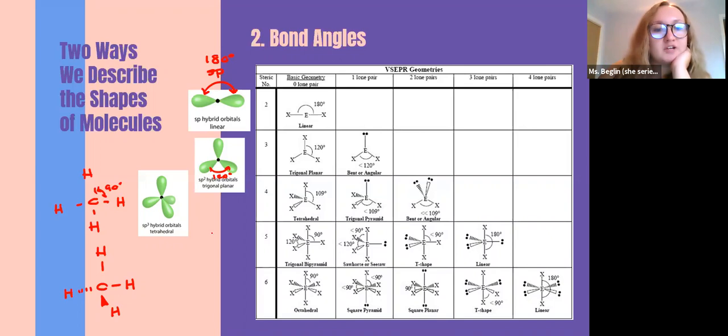So we have a tetrahedral shape and a bond angle of about 109.5 degrees. So now that you know what bond angles are, you can record the bond angles that are listed in this table in your notes as well.